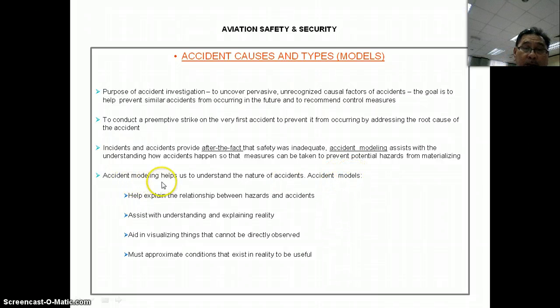Accident modeling helps us to understand the nature of accidents. These are the accident models. One is to help explain the relationship between hazard and accident. Assist with understanding and explaining reality. Aid in visualizing things that cannot be directly observed. We must approximate conditions that exist in reality to be useful.